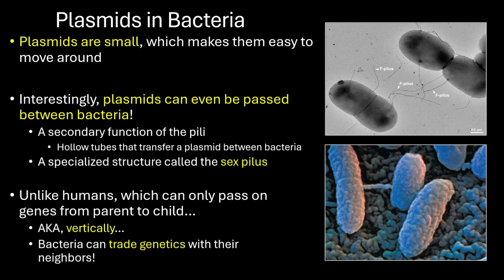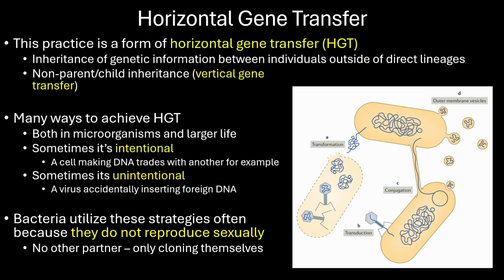Now, unlike humans, which can really only mainly pass genes from parent to child, something we call vertical transmission, bacteria can trade genetics with their neighbors. They can just go right up next to one another and pass genes back and forth.